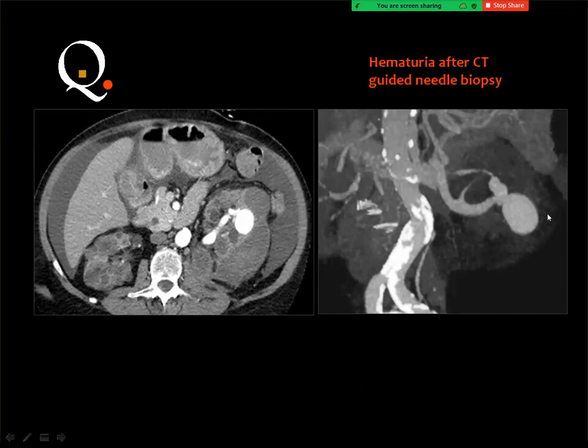Also, one of the complications of biopsy techniques is to develop a saccular aneurysm of one of the vessel branches, so we avoid as much as we can going through the renal parenchyma in the central part of the kidney where the vessels are present.